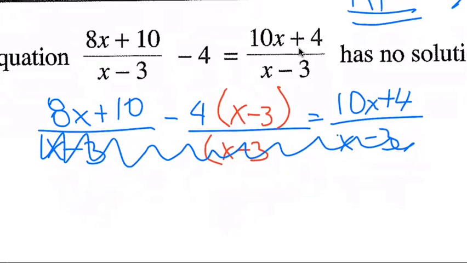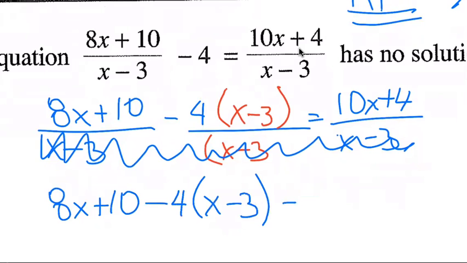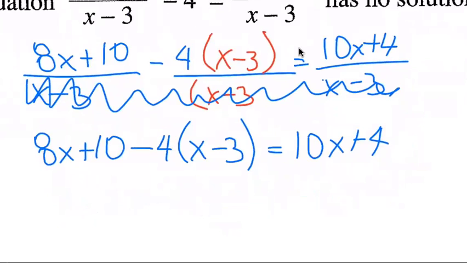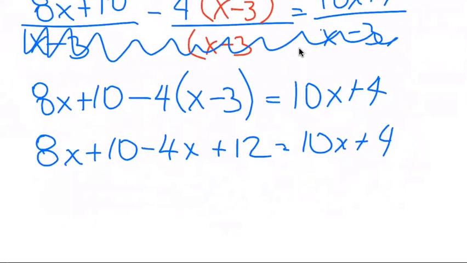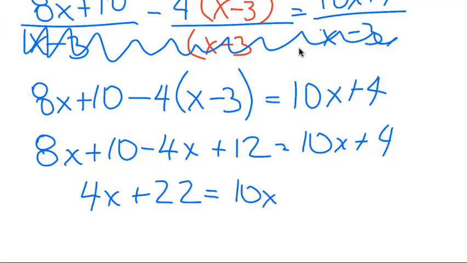That will leave me with 8x plus 10 minus 4 bracket x minus 3 equals 10x plus 4. Expand your brackets, combine some like terms. 8x plus 10 minus 4x plus 12 is equal to 10x plus 4. Simplifying the left-hand side, 4x plus 22 is equal to 10x plus 4.